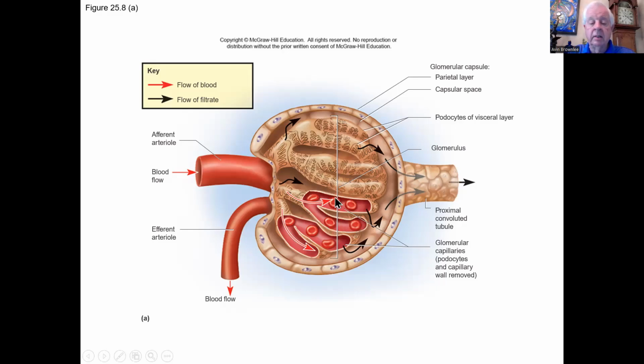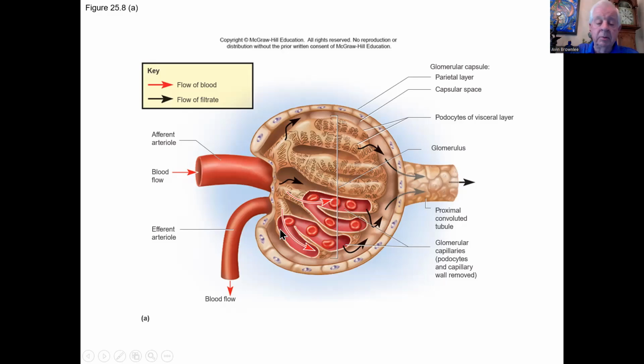A fenestrated capillary is about 200 times more permeable than a capillary in your muscle or in your brain or any place else. So just about everything that is in the blood can pass through these capillaries, except for the cells, which are too large, and mostly proteins. So the proteins and cells cannot pass through the capillaries, but pretty much everything else can.